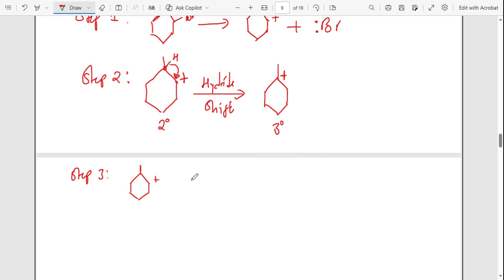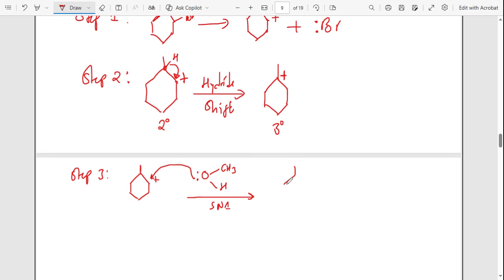There's a positive charge. So the methanol, I can write oxygen like this, bonded to CH3 and also bonded to a hydrogen. This oxygen has two lone pairs of electrons which will act as a nucleophile. So it's going to attach on this carbon. This mechanism is SN1.